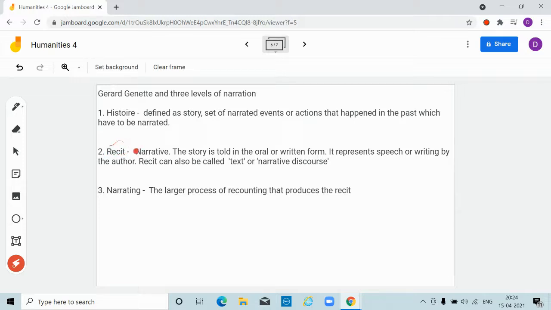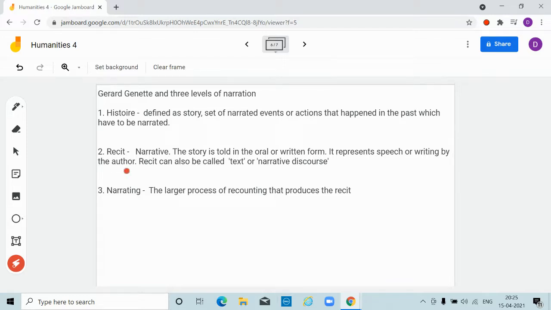The second level of narration is récit. Récit in French means narrative. Now, the story can be told either in the oral form or the written form. It can be oral narrative or written narrative. It depends upon the narrator, right? It represents speech or writing by the author.